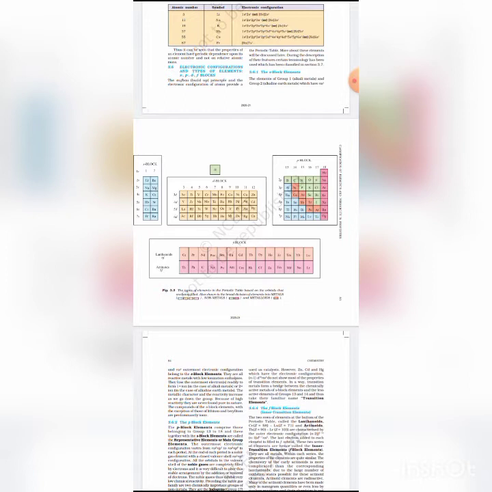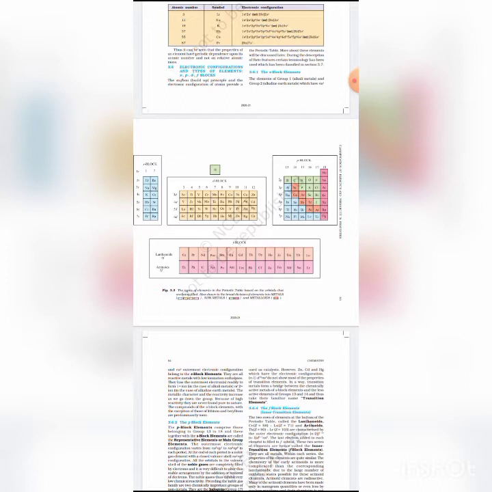Okay, but when we take these properties down the group, that means variation from top to bottom: on moving down the group, atomic number increases due to the increase in number of protons in the nucleus of atoms of the elements.